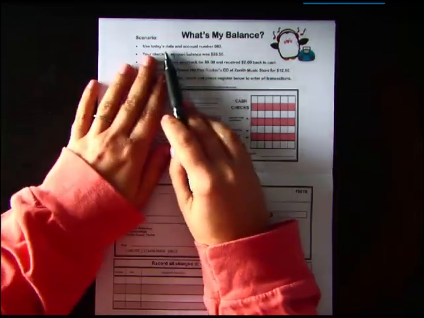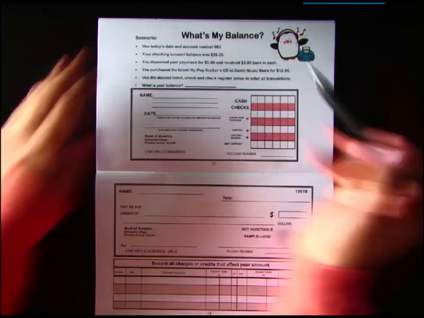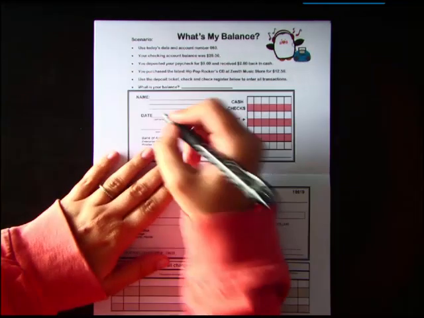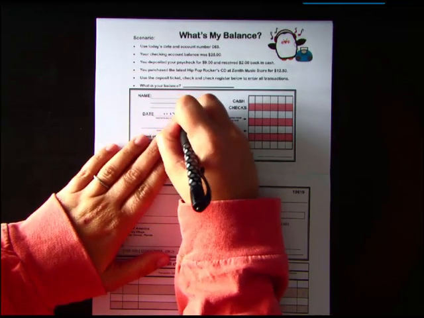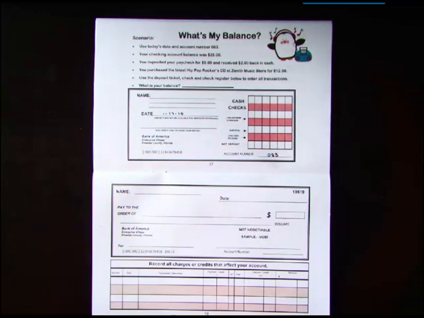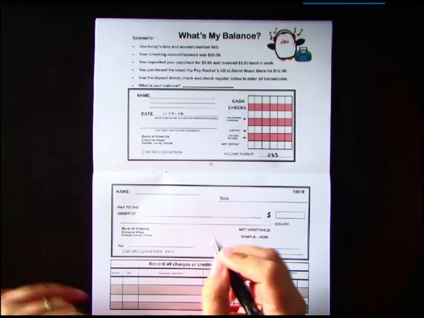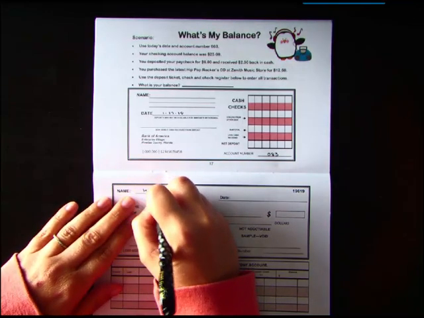Okay, so it says use today's date and account number 083. So I'm going to go ahead and fill those in wherever those have openings. So go ahead and do this with me. While I'm here, I'm going to go ahead and put my name on the check.